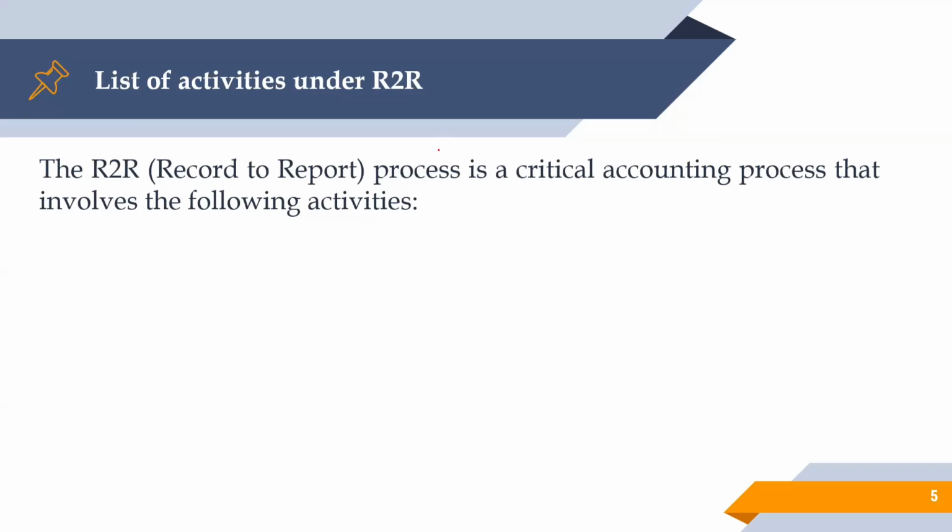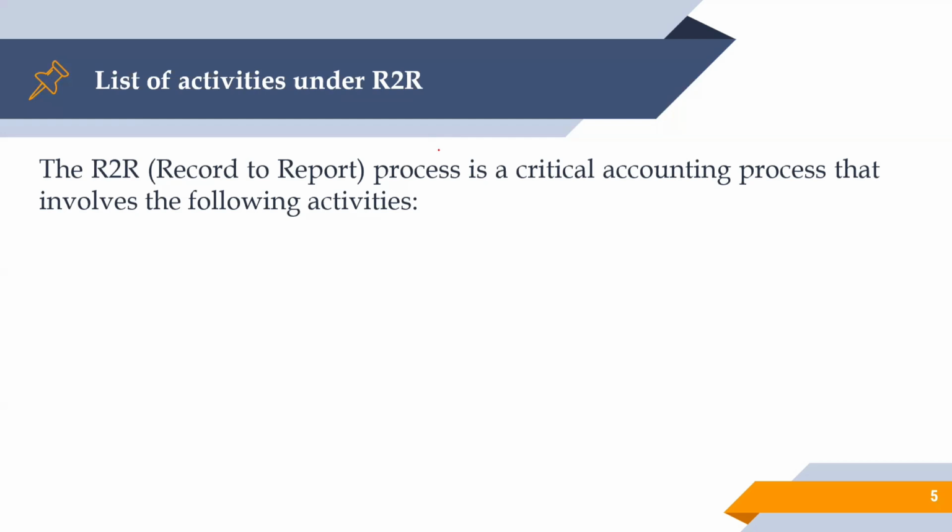Now, we know what is meant by R2R, what is meant by order to cash, and the last is what is meant by P2P. Now we are going to discuss all the activities involved in record to report. It is important to know from our day-to-day activities as well.